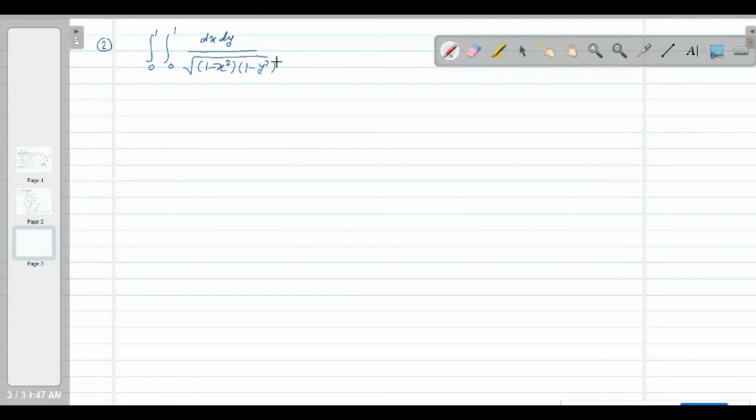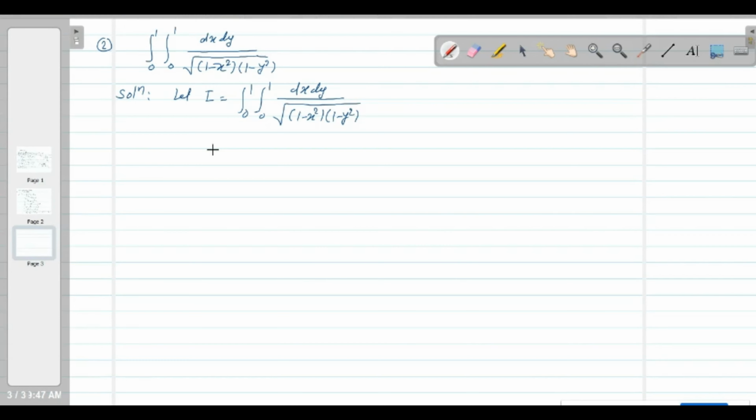We will evaluate this integral first. So, solution: let I equal your given integral, 0 to 1 and another integral 0 to 1, dx dy, divided by the square root of 1 minus x square into 1 minus y square.